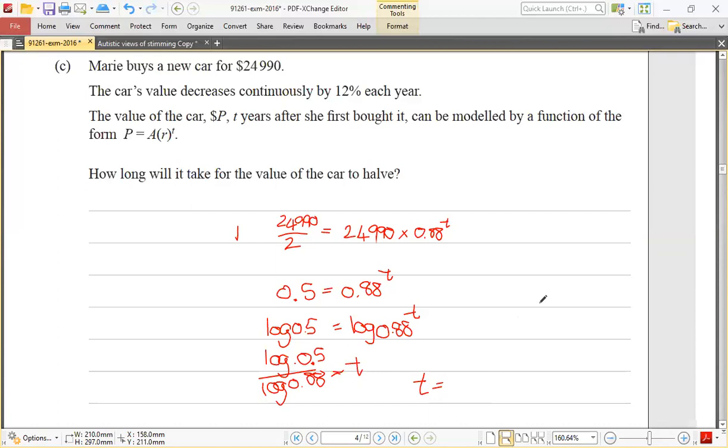Is that right? So log 0.5 divided by log 0.88.